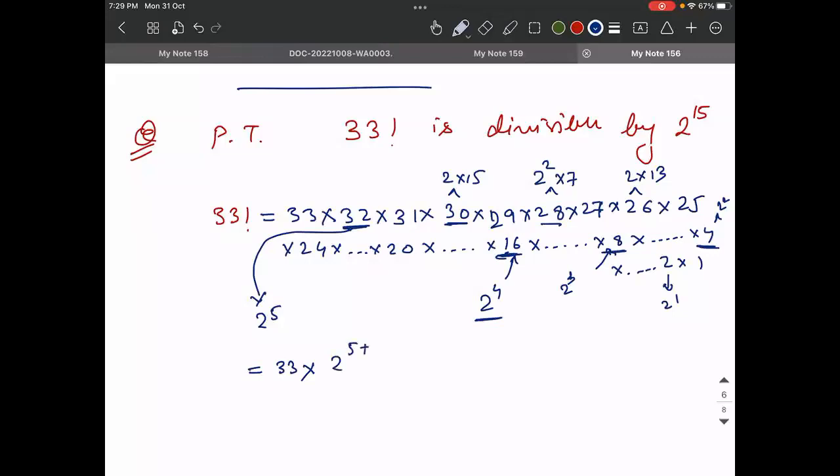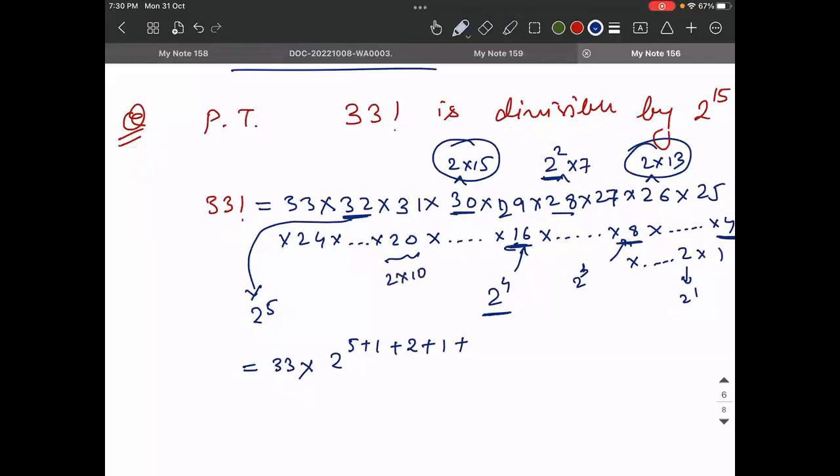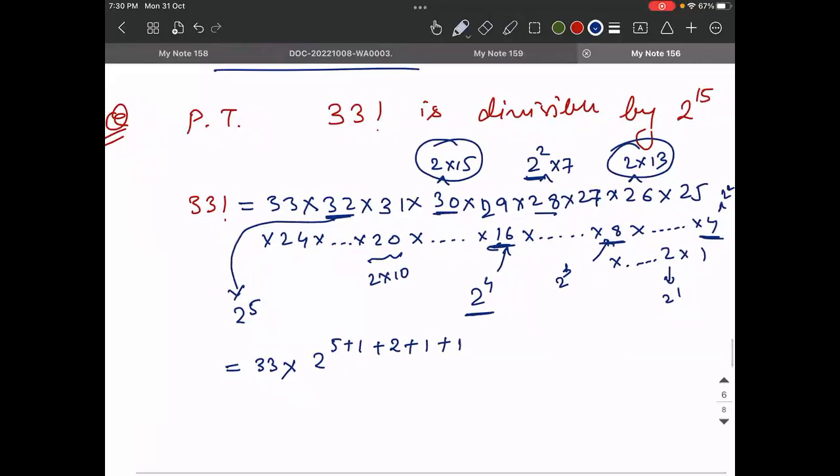Plus from here we have 1 two, from here 2 twos, from here again 1 two. From 10 it is again plus 1. So this will be 4 plus 3 plus 2 plus 1.